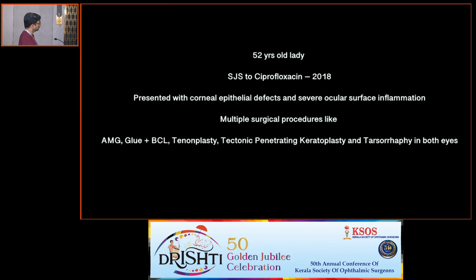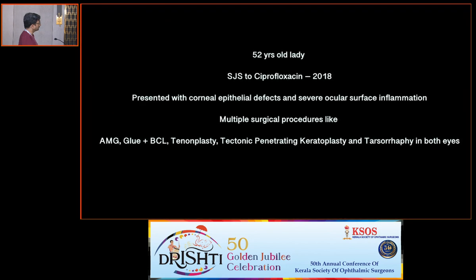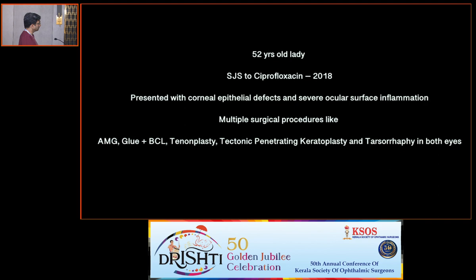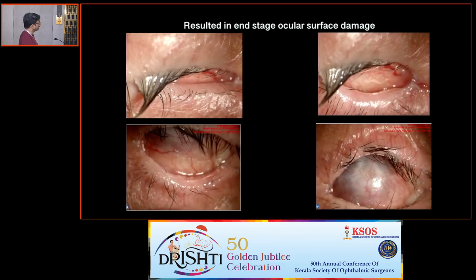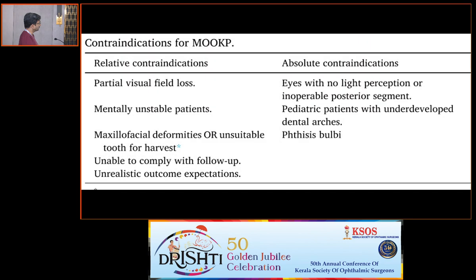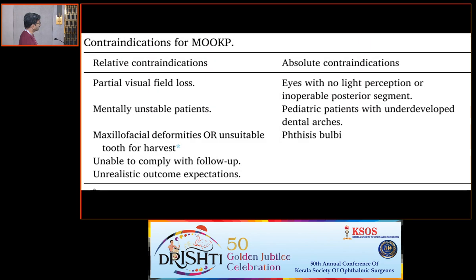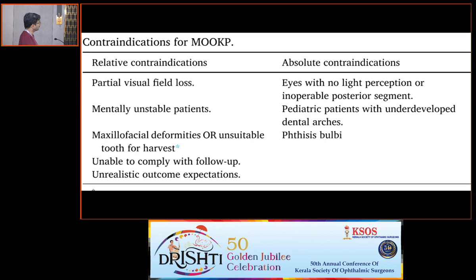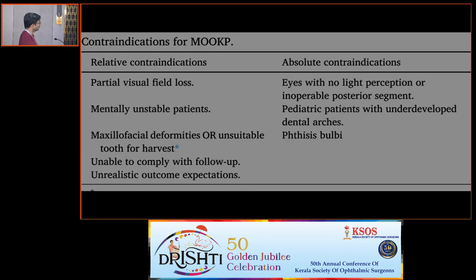Through this video, we would like to illustrate the surgical steps of this complex yet gratifying procedure performed in a 52-year-old Stevens-Johnson syndrome survivor. Right patient selection is extremely crucial in this procedure, and an ophthalmic surgeon must always bear in mind the indications and contraindications of MOOKP.